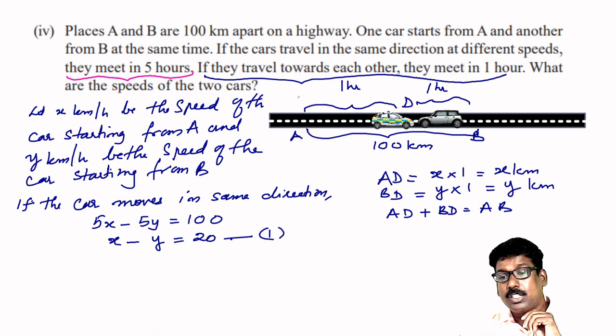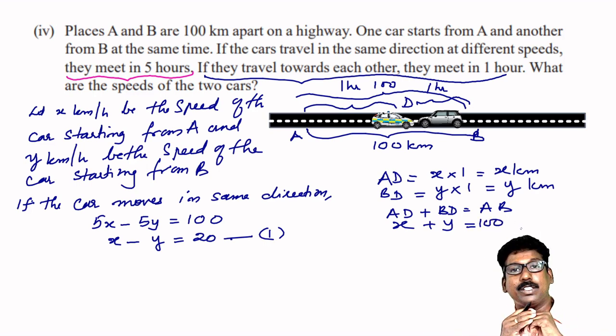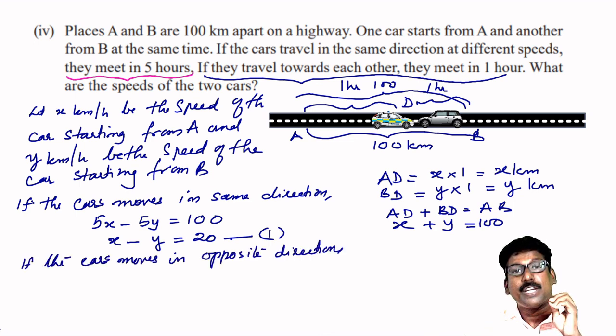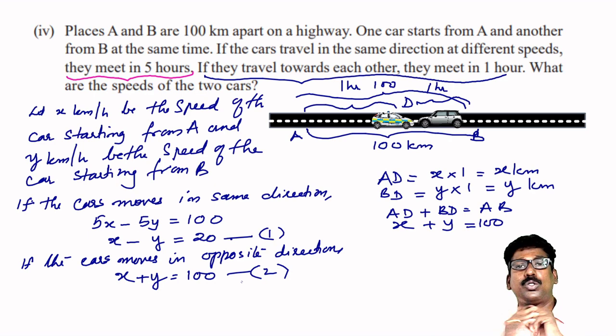That means this total length you will get as AB, that is 100. So x plus y is equal to 100. This will be the second equation. If the cars move in opposite directions, x plus y is equal to 100. This is equation 2.